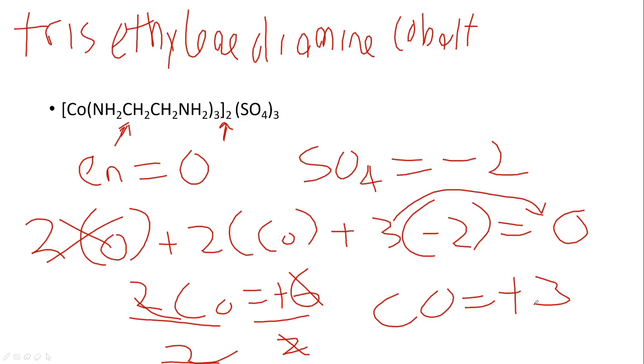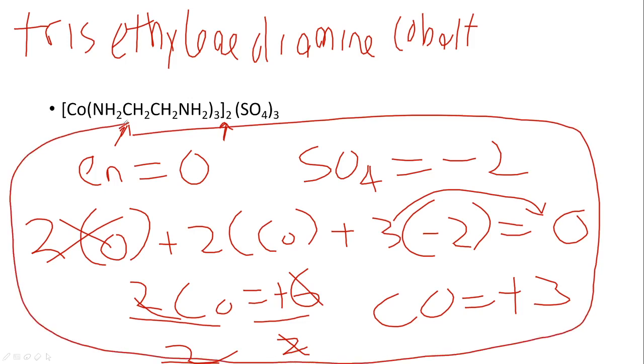If you didn't do this easy calculation, if you didn't spend a minute or two doing it, you would have written cobalt 2 mistakenly, and cobalt is in its +3 oxidation state. At the end, you end up failing the entire question. So the oxidation state of cobalt here is 3.